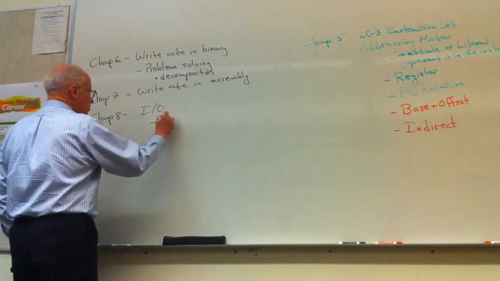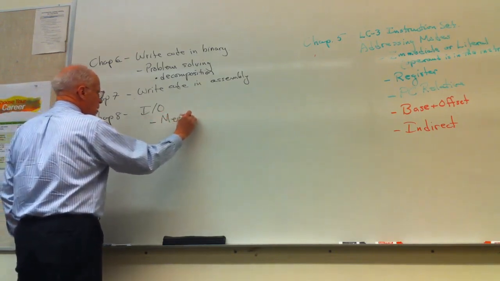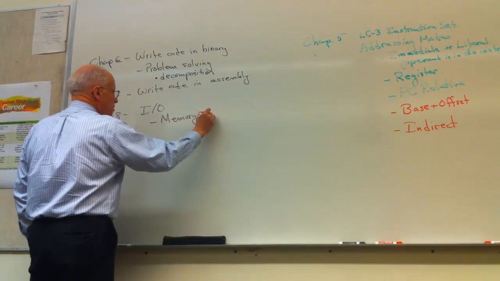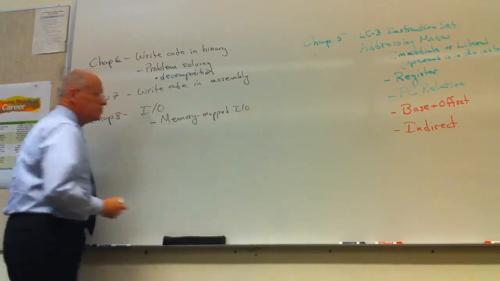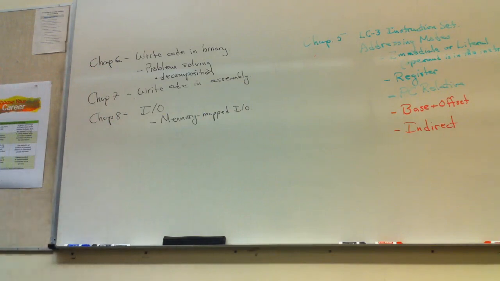The principal concept here that you need, by the way, is this idea of memory mapped I/O. How you actually print a character on the display by storing an ASCII code into a memory location. Happens to be FE006. Just by stashing something in that memory location, it gets printed.